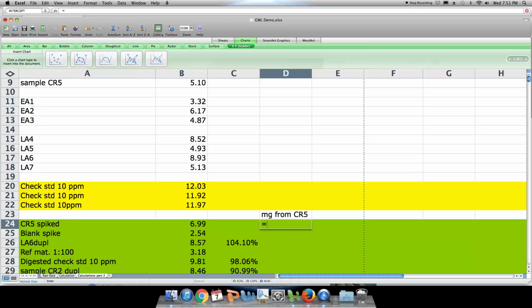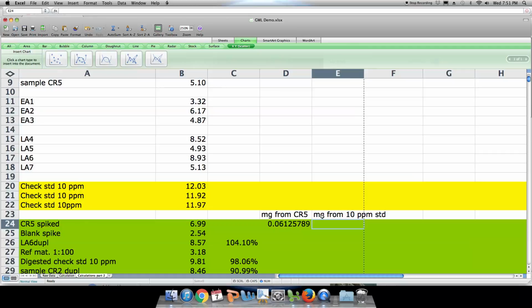So we know that 12 milliliters is 0.012 liters times 5.1 milligrams per liter, or 0.061 milligrams.